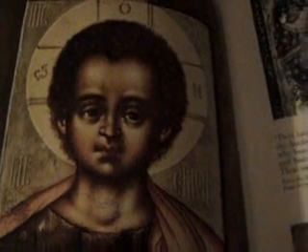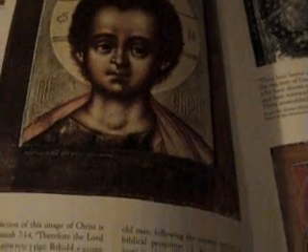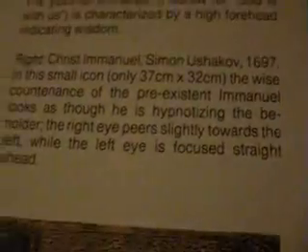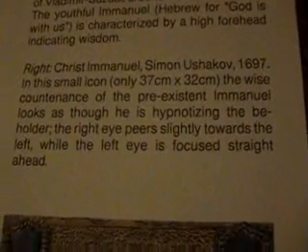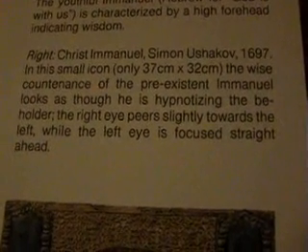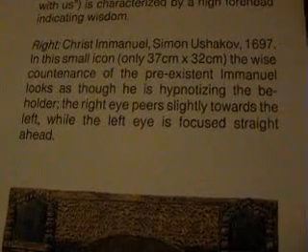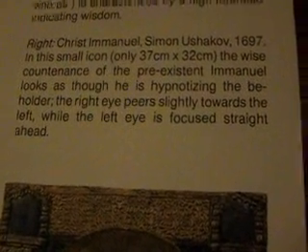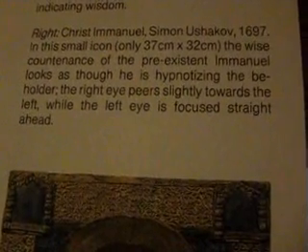Picture of Christ as a child. This is from when, right, Emmanuel, Christ Emmanuel, 1697, in this small icon. The wise countenance of the pre-existent Emmanuel looks as though he is hypnotizing the beholder. The right eye pierced slightly towards the left, while the left eye is focused straight ahead.